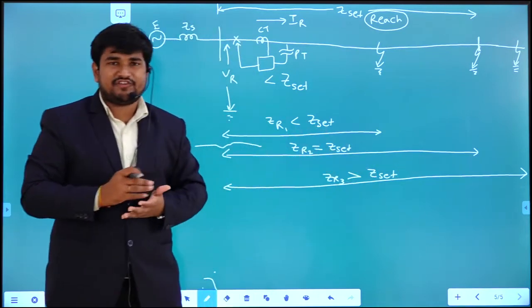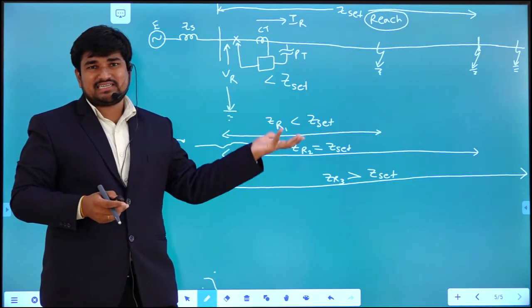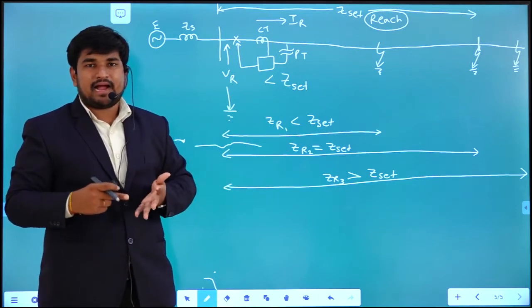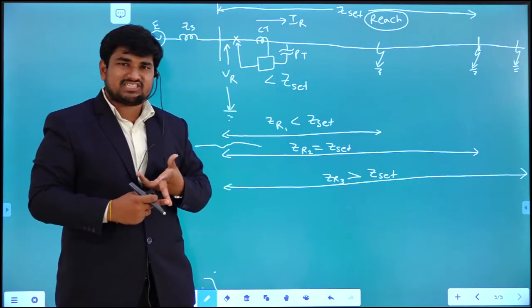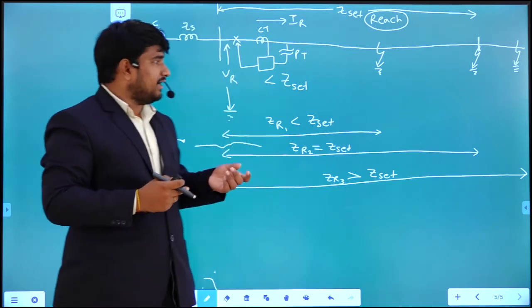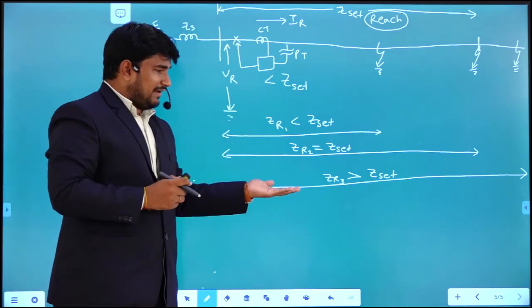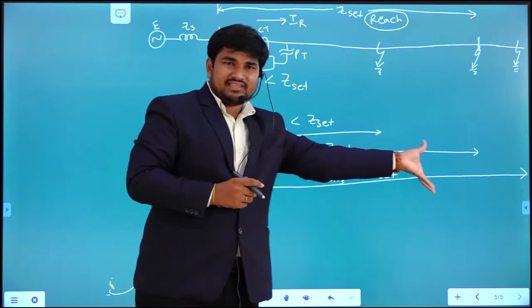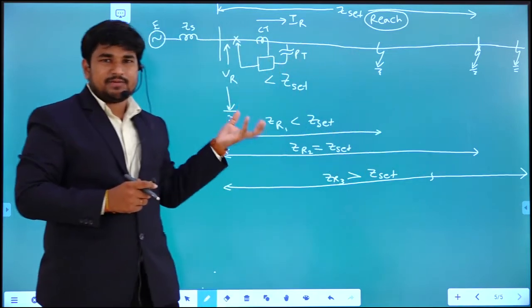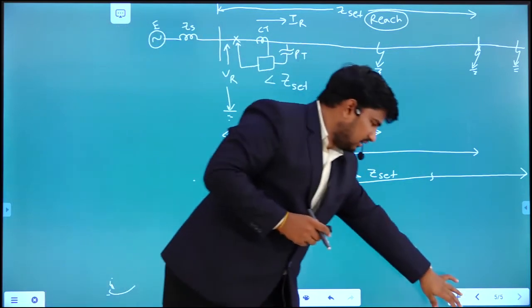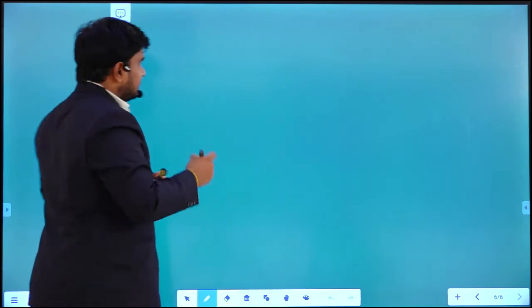We can use different mechanisms for producing the trip signal, which are balanced beam type and induction cup type. Now, if I want to convey this characteristic in terms of a graph, let me draw the characteristics.